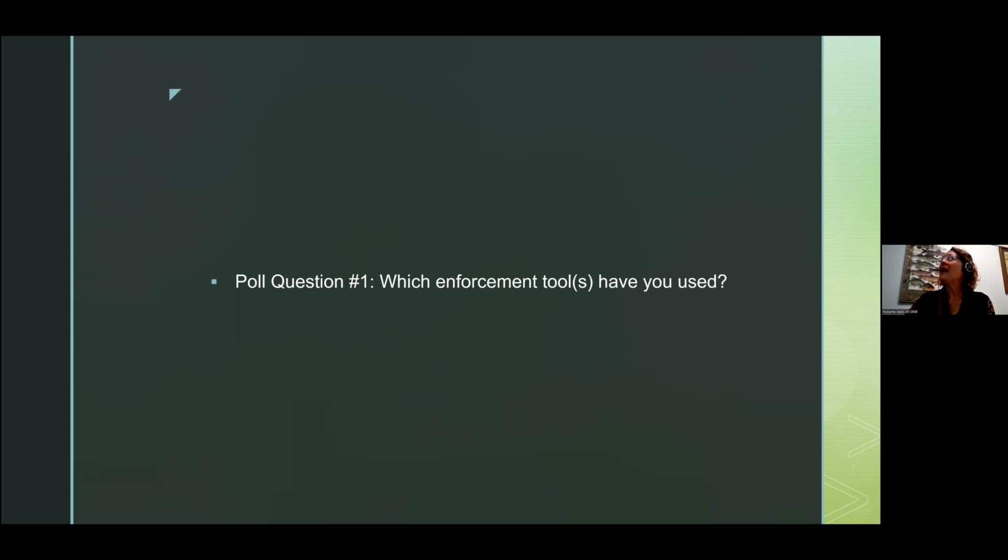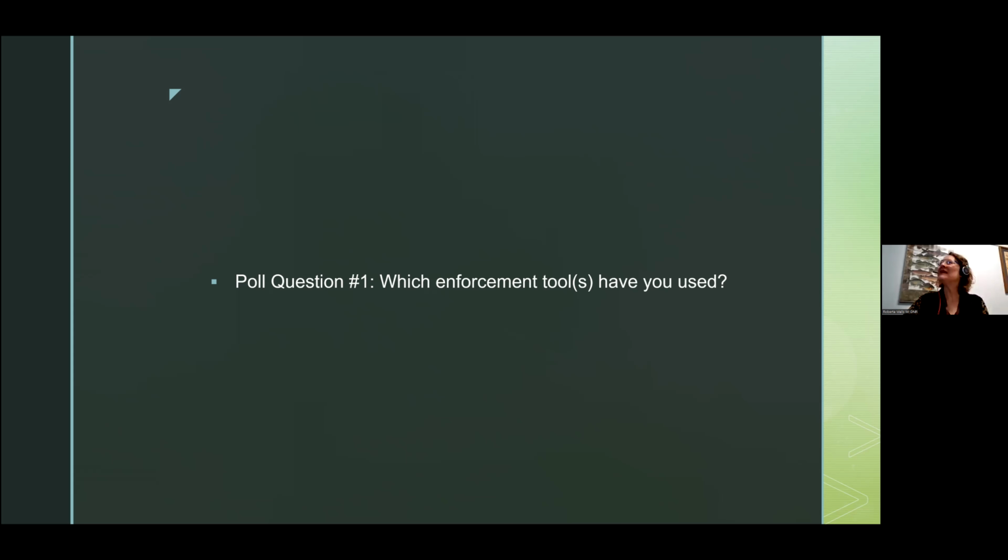Isabel, can you indicate what folks may have shared within the chat box? Yes. One person shared that while the poll was for choosing only one answer, some have used all. Okay. And another person said that they typically start with a conversation about stop work and usually get the right response right after.